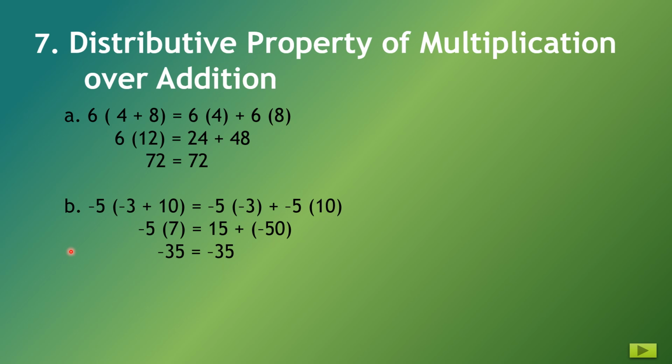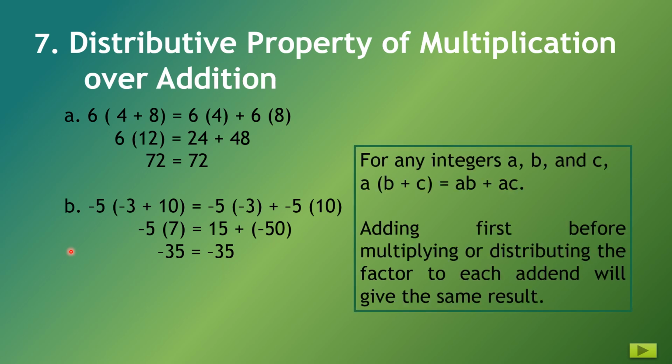So what is distributive property of multiplication over addition? For any integers a, b, and c, a times the quantity of b plus c is equal to ab plus ac. Adding first before multiplying or distributing the factor to each addend will give the same result.